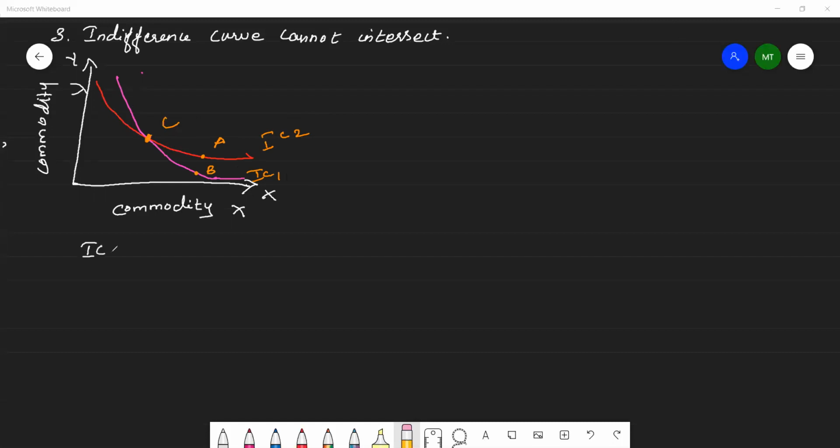IC1 is the lower indifference curve, denoting the lesser satisfaction. Then combinations C and B fall on IC1.